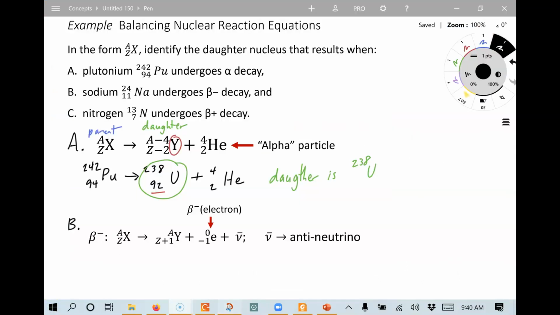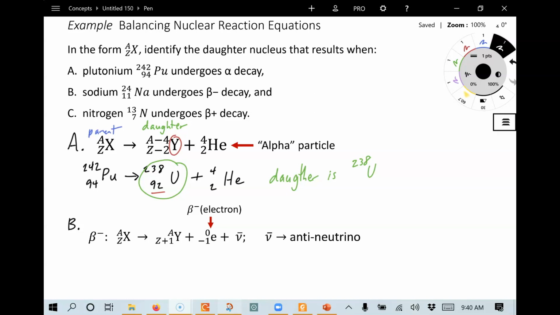All right, so here we have it. We're going to start off with our parent here, which is sodium-24, 11 protons for sodium. Just to verify, because we're ejecting an electron, there's your minus 1 charge.